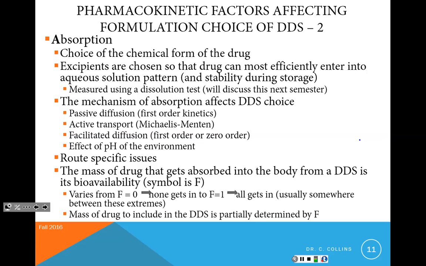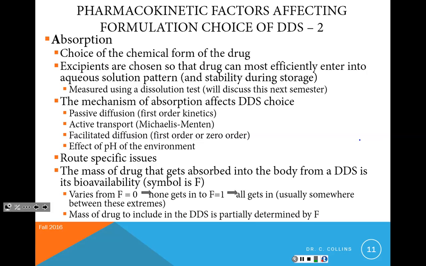Mechanism of absorption might affect the choice of drug delivery system. Most drugs absorbed through the GI tract are absorbed by passive diffusion in a first order fashion. So the larger concentration in the GI tract pushes the drug into the bloodstream.